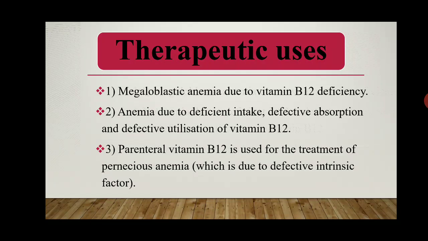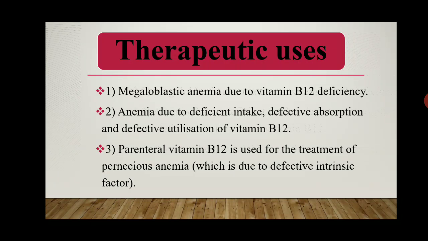Anemia occurs due to deficient intake of vitamin B12, defective absorption of vitamin B12, and defective utilization of vitamin B12.